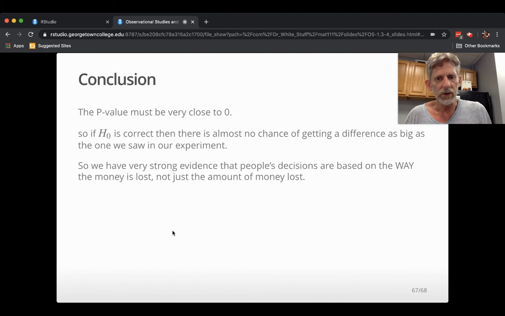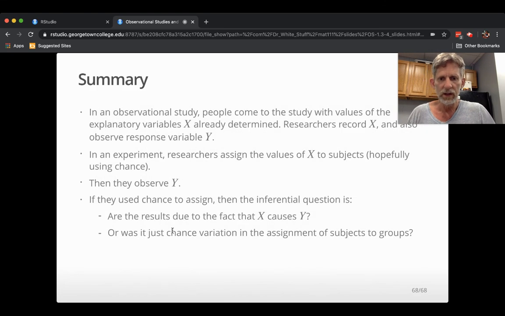So I think we've got some pretty strong evidence here that people's decisions are based on the way the money is lost, that they're really caused by the way the money is lost, not just the amount of money that's lost. So just summarizing the whole two sections, 1.3 and 4 here.